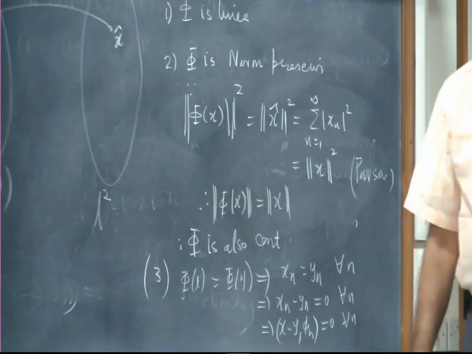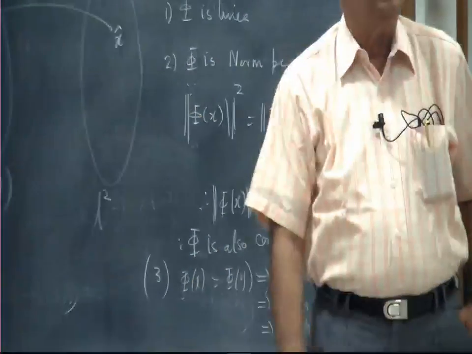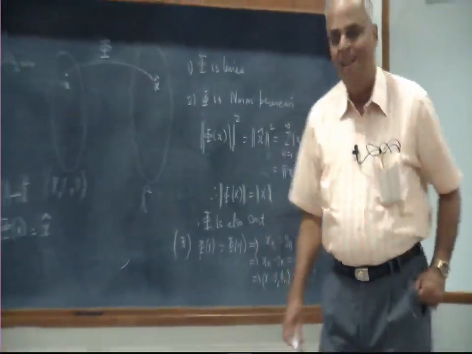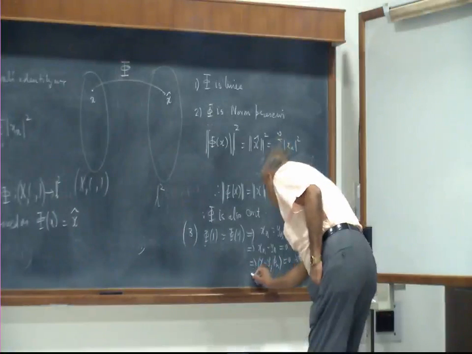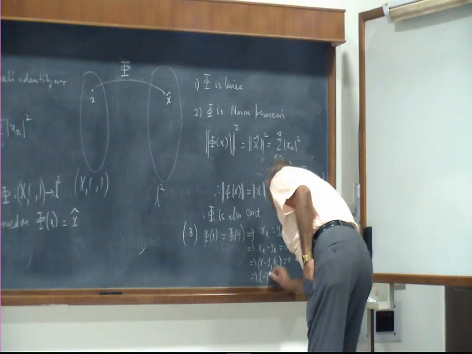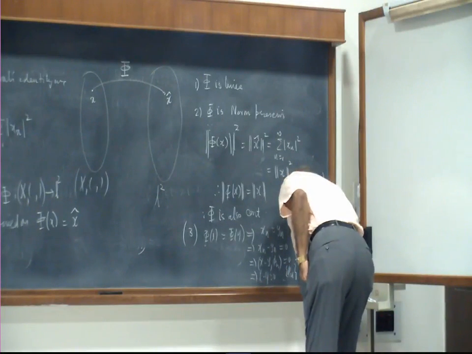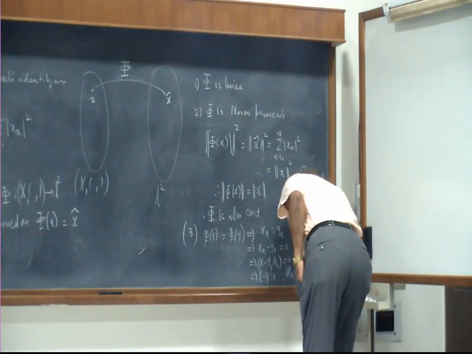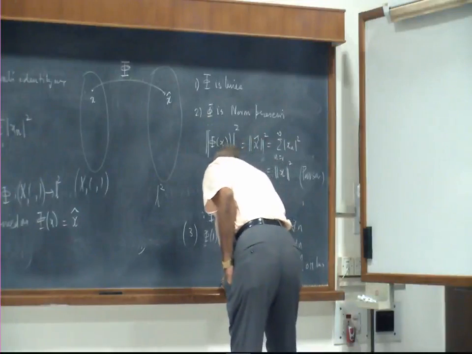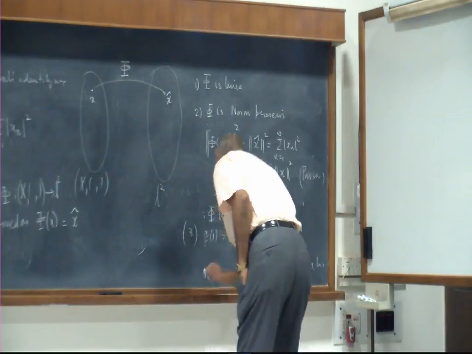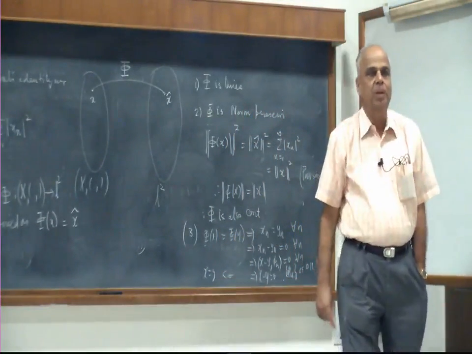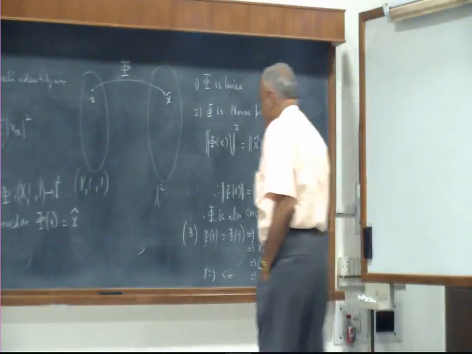But if a vector is orthogonal to all the vectors in the basis, that vector must be 0. That implies x minus y equals 0, because phi_n is an orthonormal basis. That implies x equals y. So, phi x equal to phi y implies x equals y, and therefore, phi is 1-1.